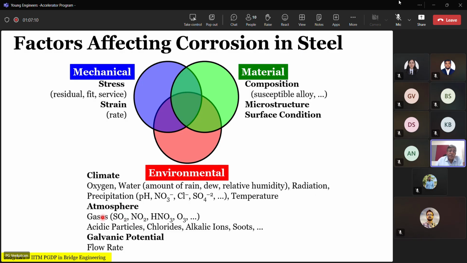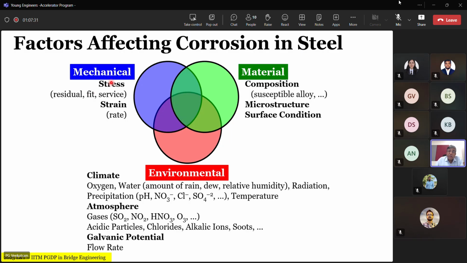And an atmosphere which contains sulfur dioxide, nitrous oxide, nitric acid, due to their dissolution in atmospheric moisture, ozone, acidic particles, all these increase the rate of corrosion. Where all three act together, that is where your corrosion is maximum.